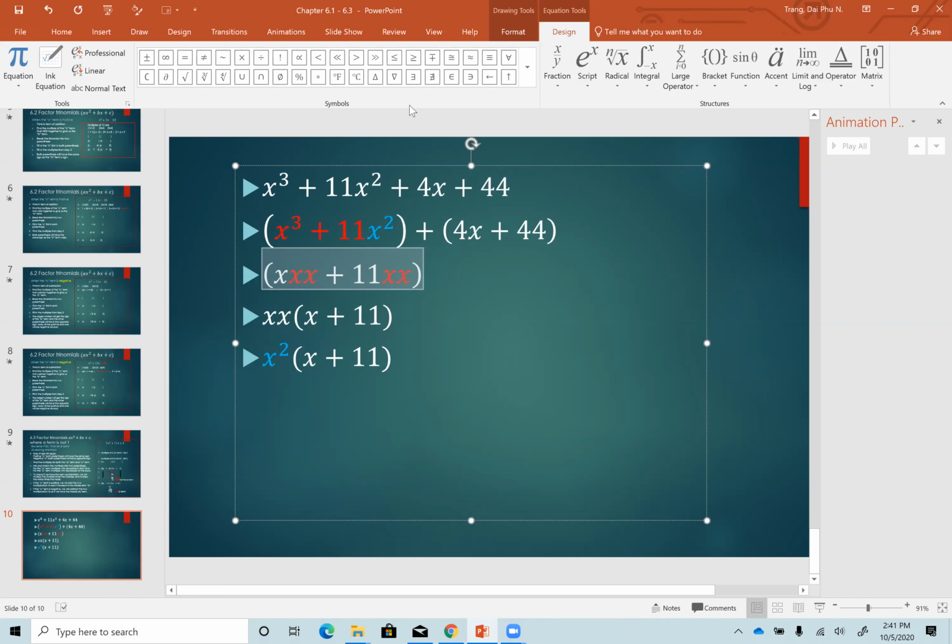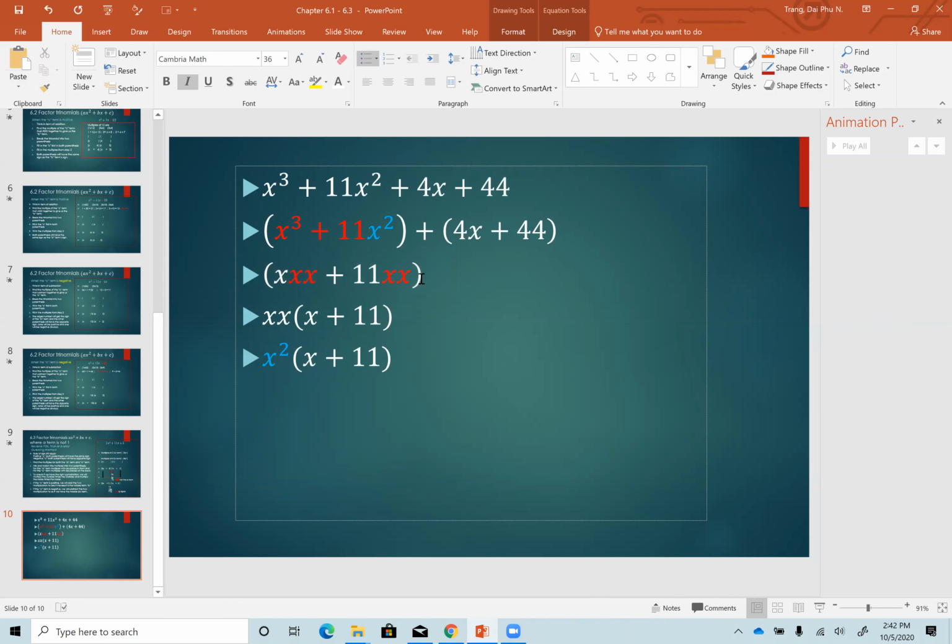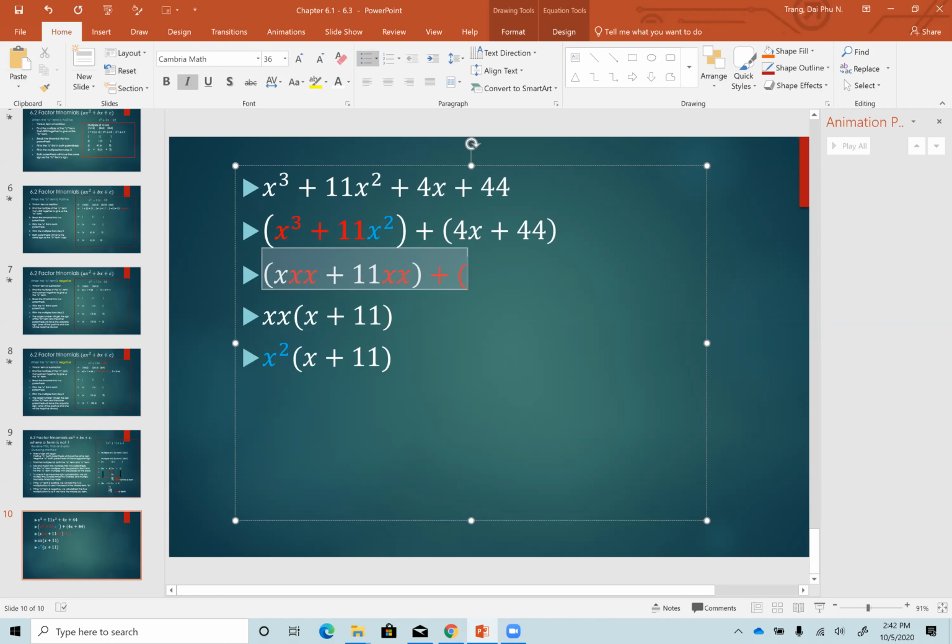In the second parenthesis, do you agree that this is what I have? Right? And let me change this thing to white.